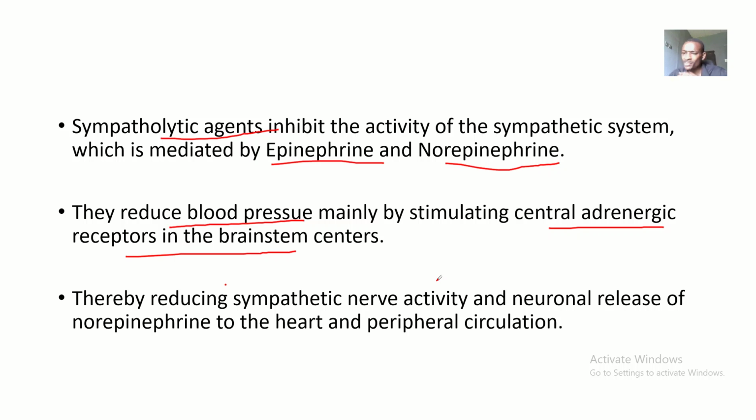So the sympatholytic agents will bind to the receptors that norepinephrine and epinephrine are supposed to bind, thereby inhibiting them from binding. Thereby they reduce sympathetic nerve activity and neuronal release of norepinephrine to the heart and peripheral circulation, because they occupy where the norepinephrine and epinephrine are supposed to occupy.